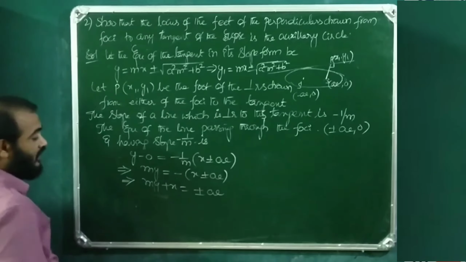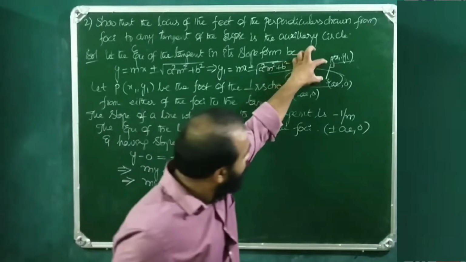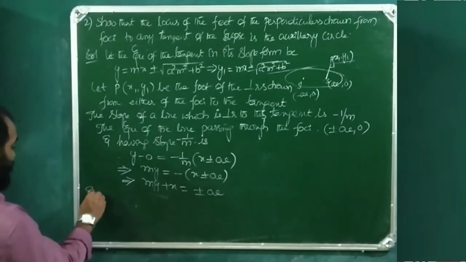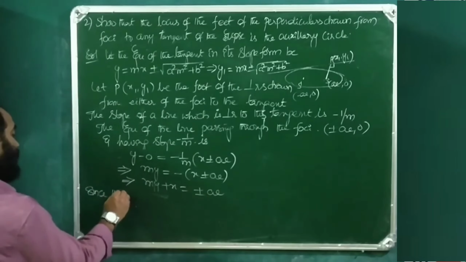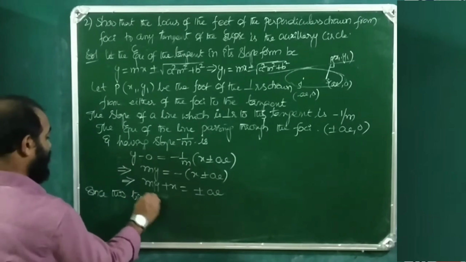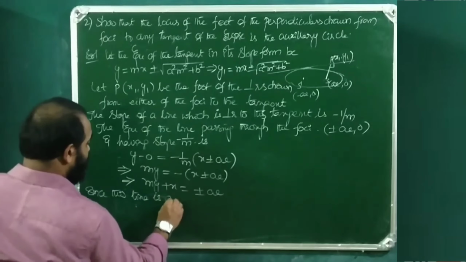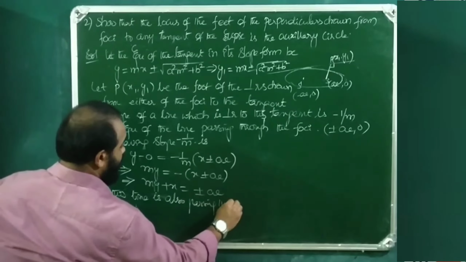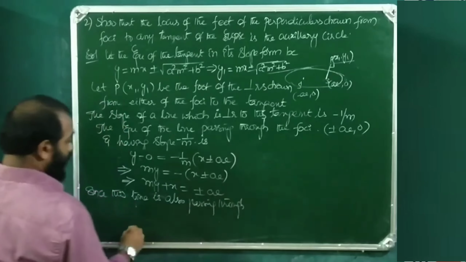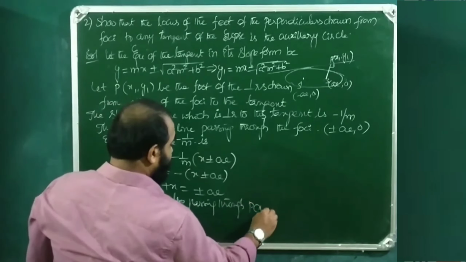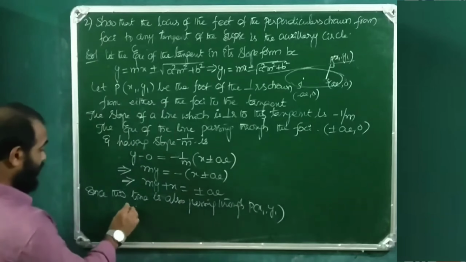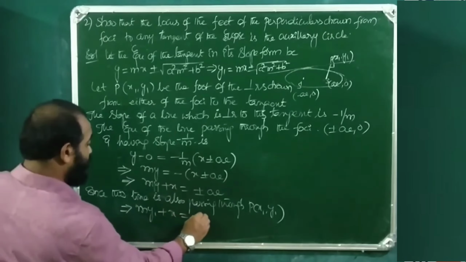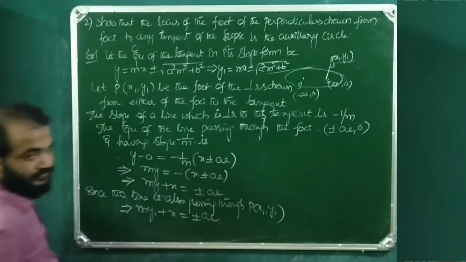And before that, since this line is also passing through P(x1, y1), this implies my1 plus x1 is equal to plus or minus AE.